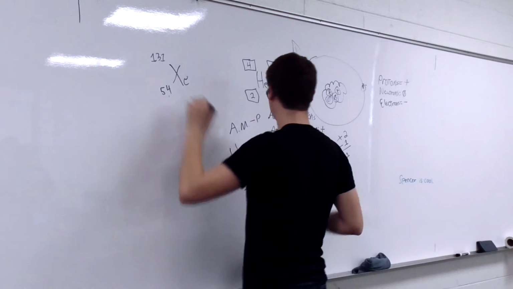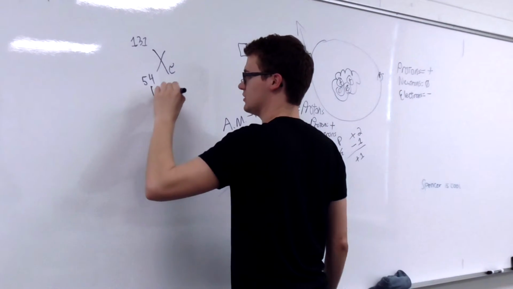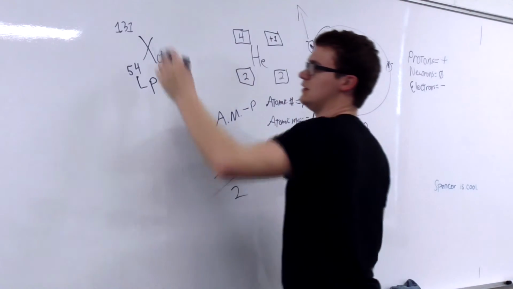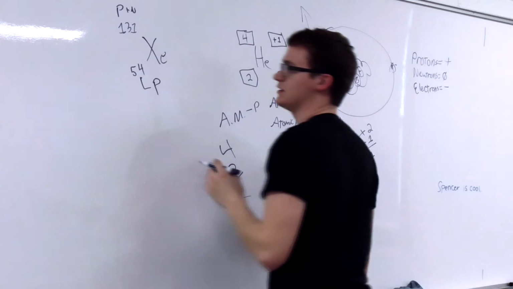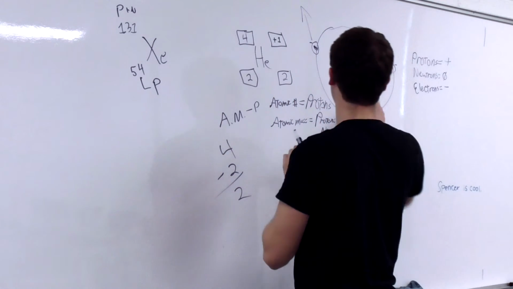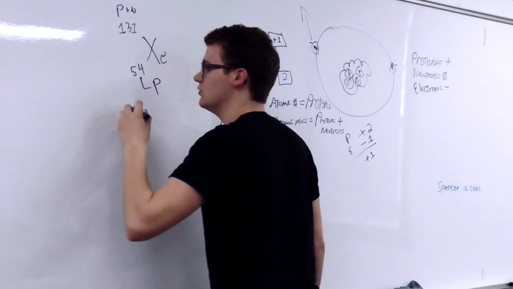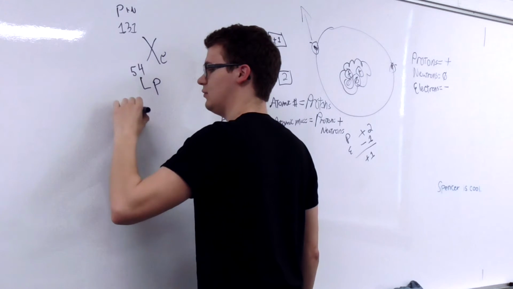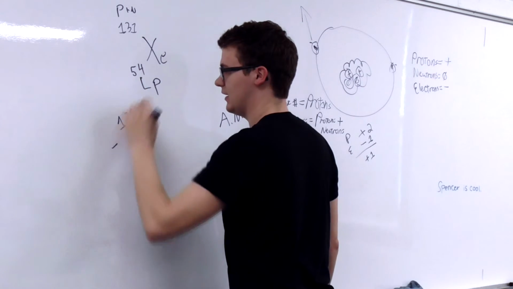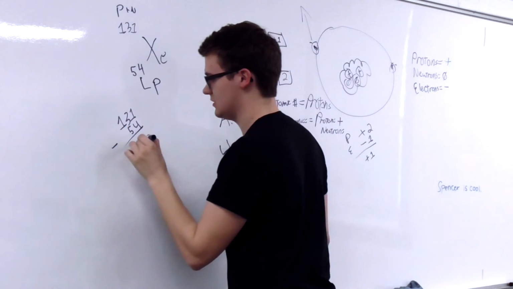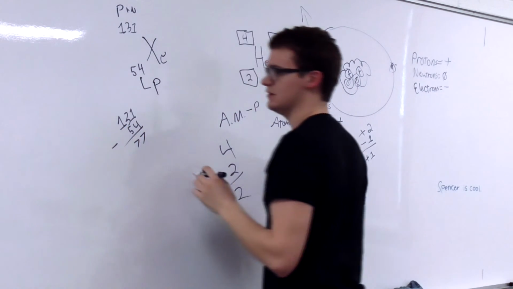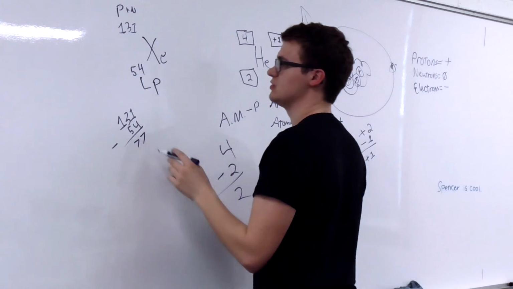We know that this atomic number is the number of protons. And this here is protons plus neutrons. And so if we'd like to figure out exactly the number of neutrons that would fit in this nucleus, you would have 131, this number here, minus 54, which I believe equals 77. So that would be the number of neutrons we expect.